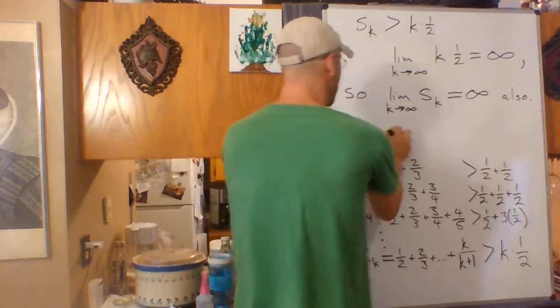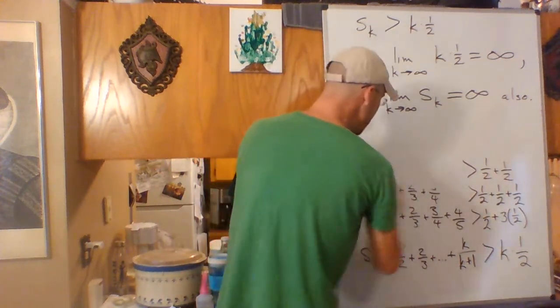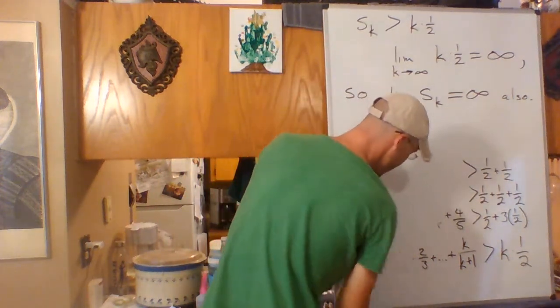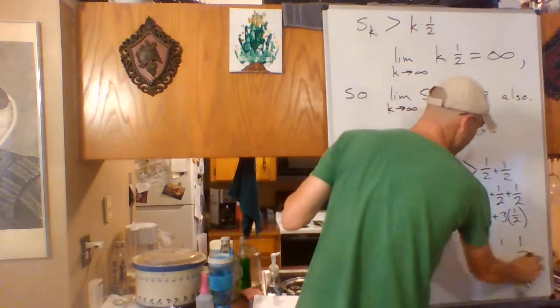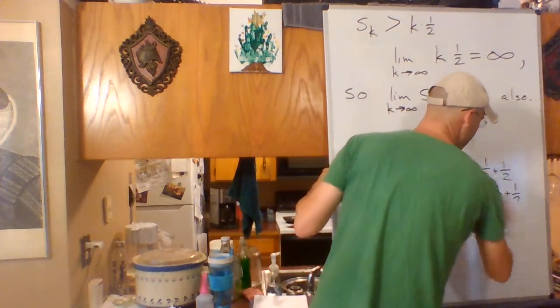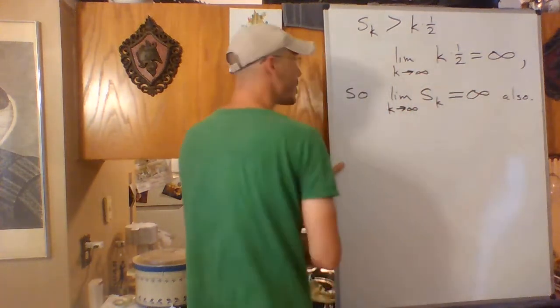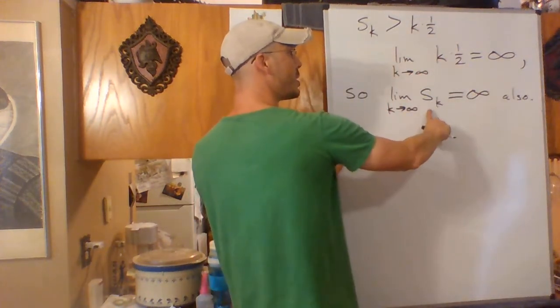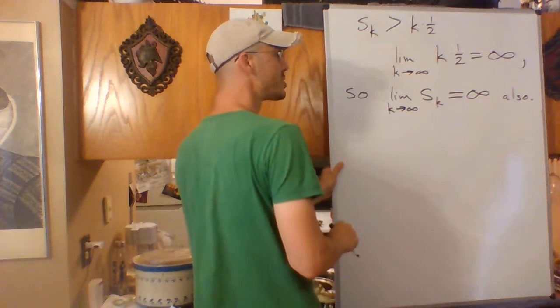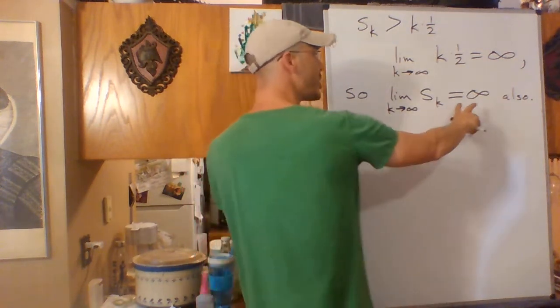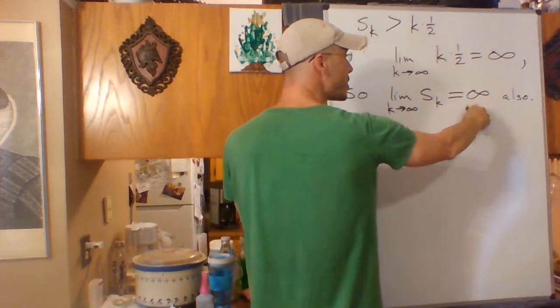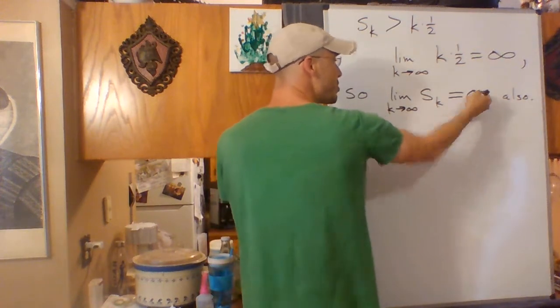So, since the sequence of partial sums is not a convergent sequence, remember, if it's plus or minus infinity or doesn't exist, well, this one exists, but it's not a real number.